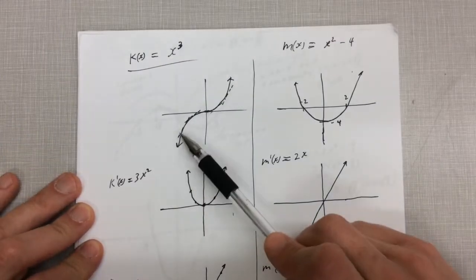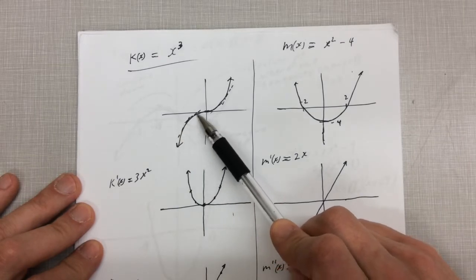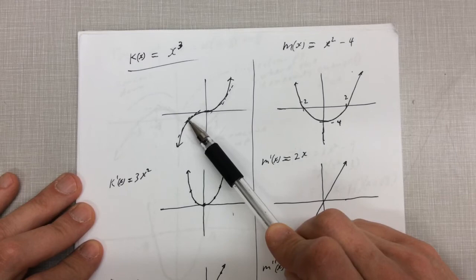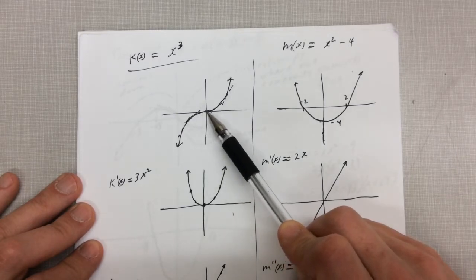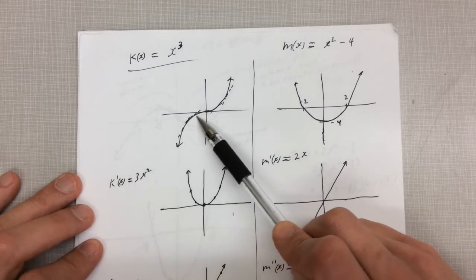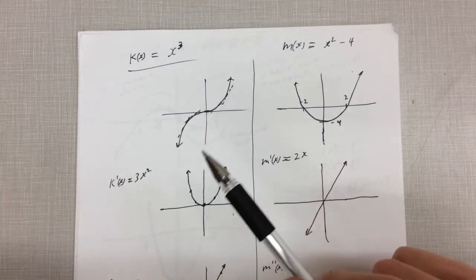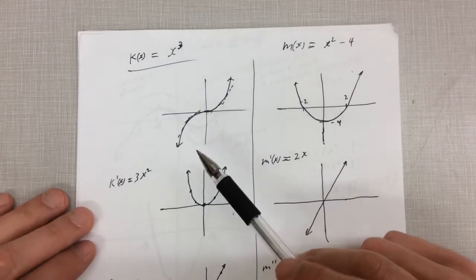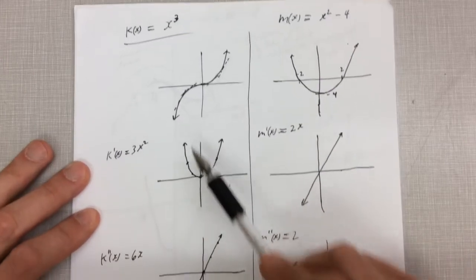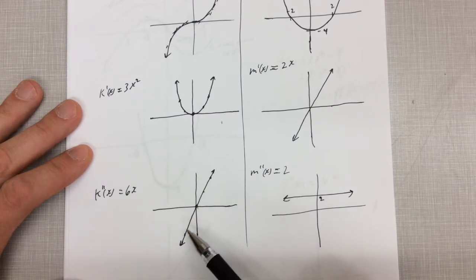In this one, the derivatives are decreasing to that point. So it's positive 10, say, then 5, then 0. So that's decreasing. Because the derivatives are decreasing, the derivative of the derivative must be negative. A decreasing function, its derivative is negative. Okay? So the second derivative is negative here.